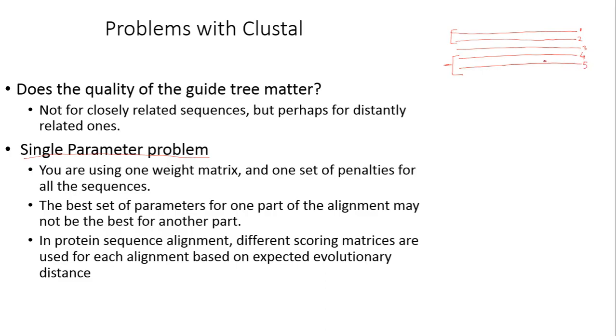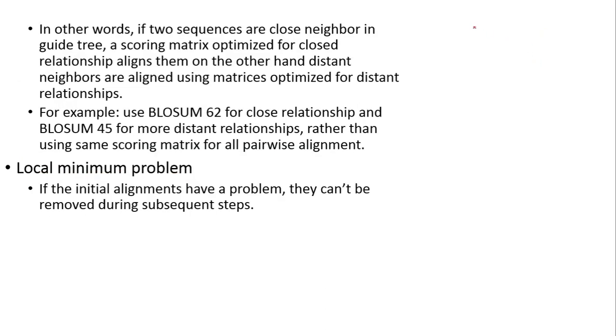In other words, in your multiple sequence alignment, if two sequences are very close to each other in your neighbor joining guide tree, a scoring matrix that is optimized for aligning closely related sequences should be used.